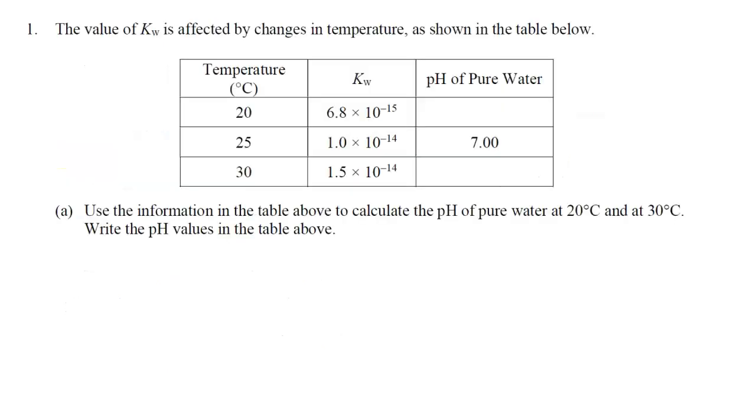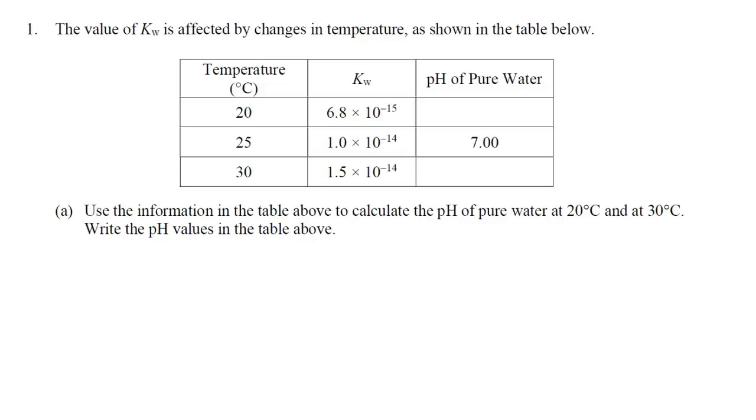So from the information in this table, we can see that the value of Kw is affected by changes in temperature. So at 20 degrees Celsius, Kw is not 1.0 times 10 to the negative 14, but it's actually 6.8 times 10 to the negative 15. And we can also see at 30 degrees Celsius, Kw has a different value. It's 1.5 times 10 to the negative 14.